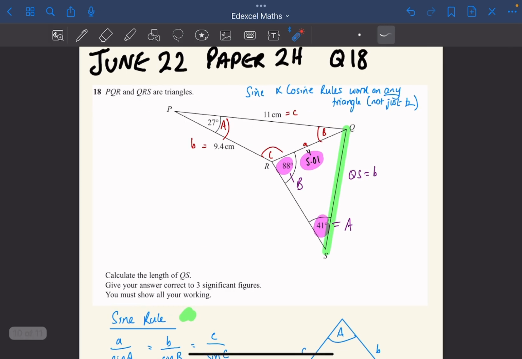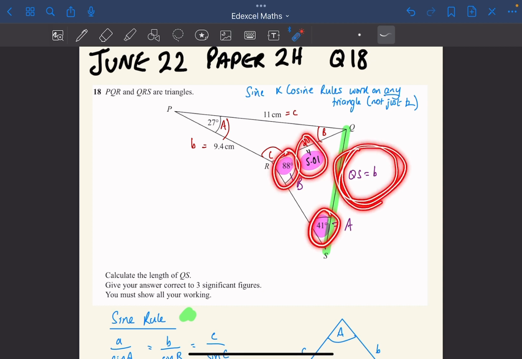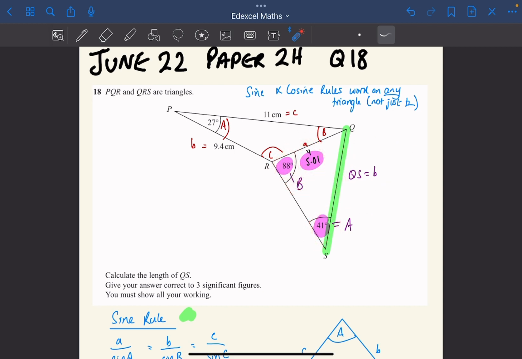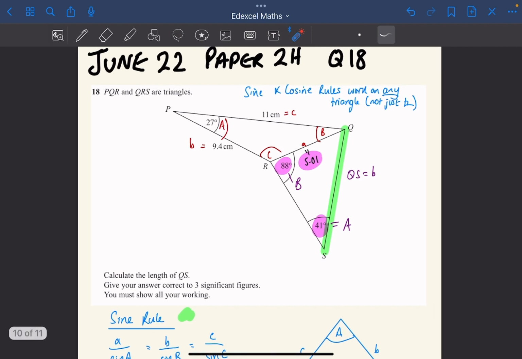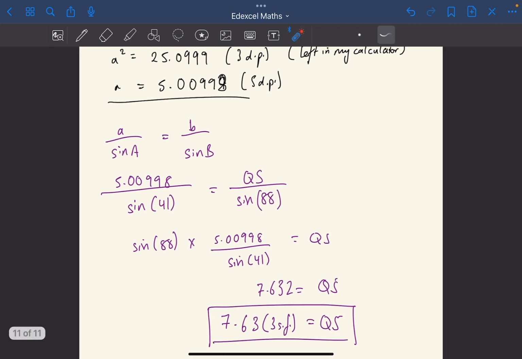Now in this triangle we have a side, an angle, another angle, and we want to find this side. This side is unknown, so we've got 2 angles, one side, and the other side is opposite the angle that we know. So the thing to use here is the sine rule. Don't worry if you accidentally wanted to go ahead and do the cosine rule, you wouldn't be able to do it. You'd find that you have too many unknowns, so you'd have to go back to the sine rule. So we use this.